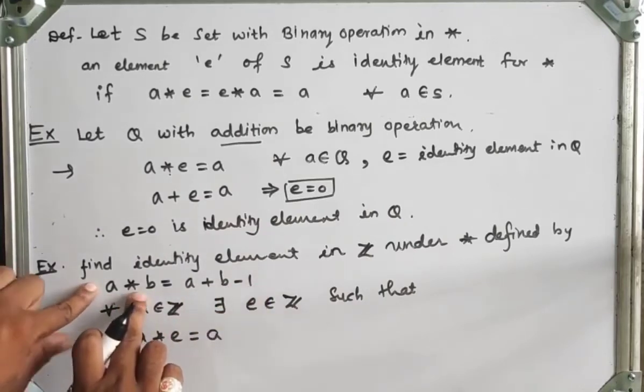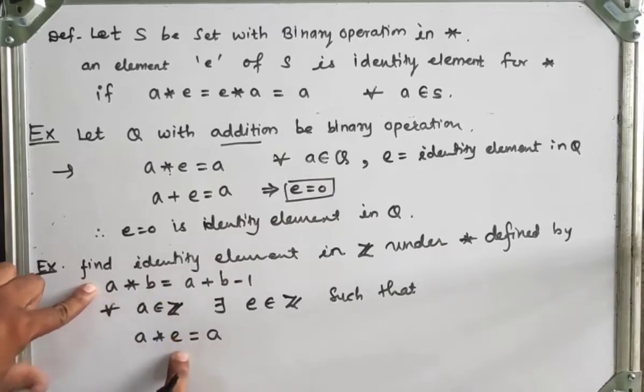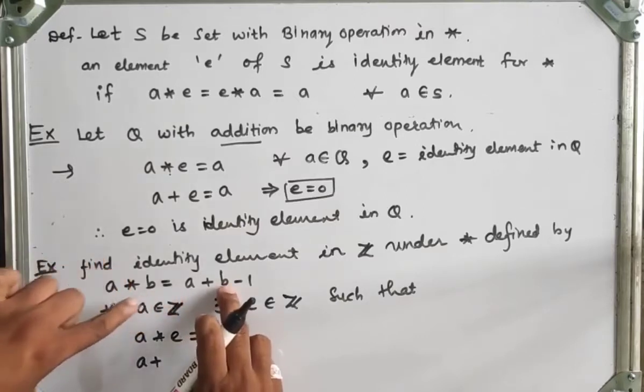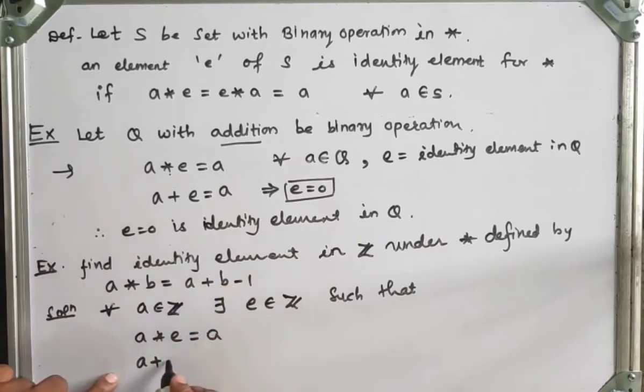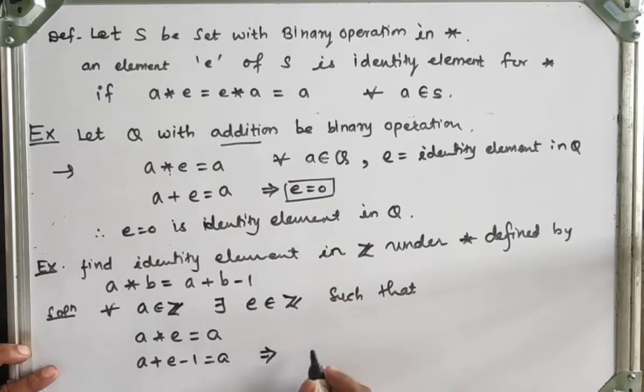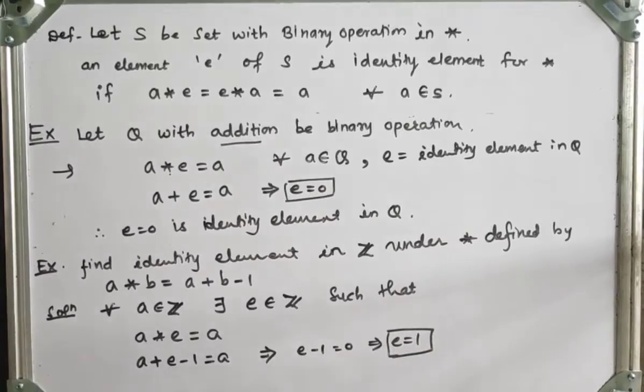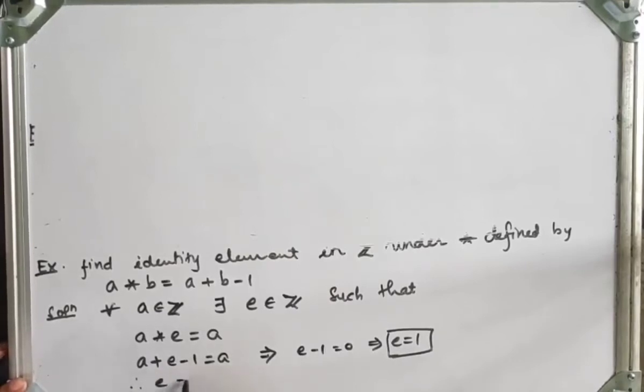So in this defined condition we replace B by E. So what will we get? A plus E minus 1 is equal to A. So A will get cancelled. So what will we get? E minus 1 is equal to 0. So E is equal to 1 will be the identity element. Therefore E is equal to 1 is the identity element.